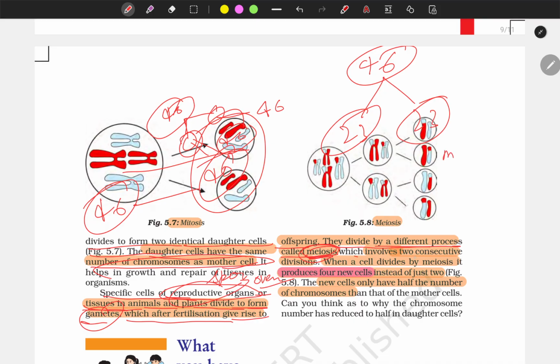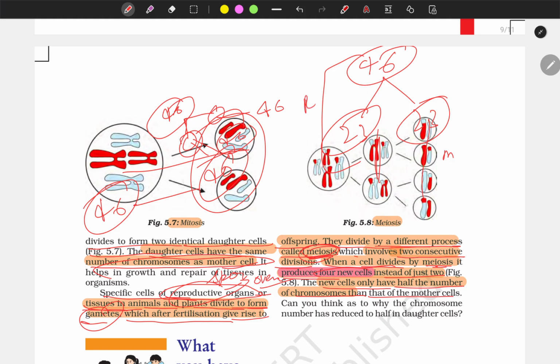Meiosis involves two consecutive divisions, and when the cell divides by meiosis, it produces four new cells instead of just two. The new cells have half the number of chromosomes of the mother cell. So this division is also called reduction division, since it is reducing the number of chromosomes.